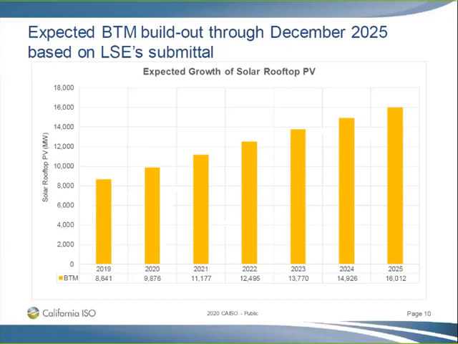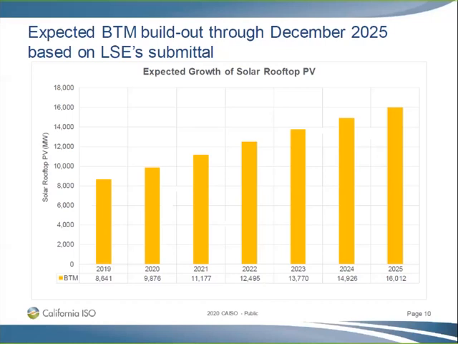Rooftop PV is fairly important when you look at flexible capacity. You have a lot of variability with rooftop PV. It's really difficult to estimate what's coming in or the actual production because you've got so many things like clouds and the weather pattern. So we do the best job that we can with this information that we collect.